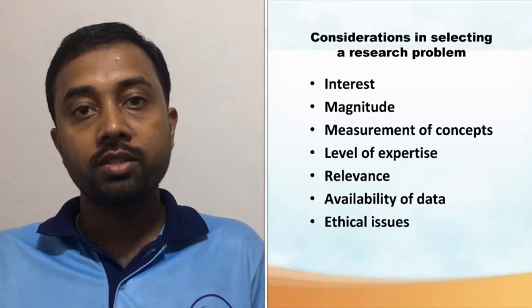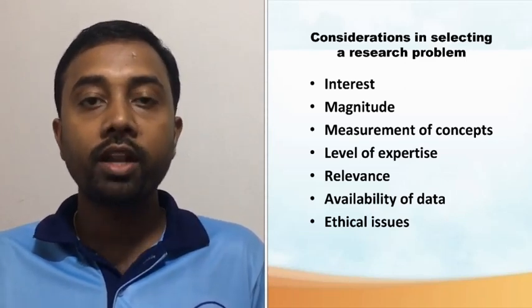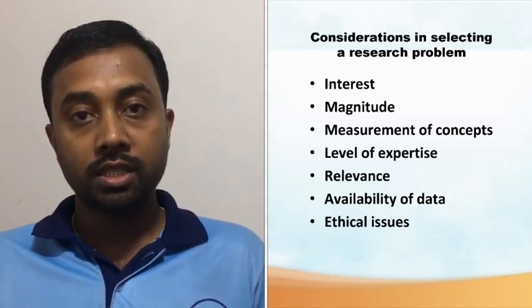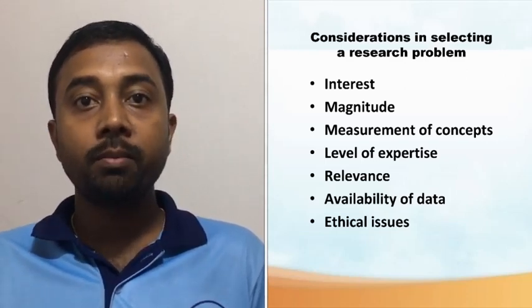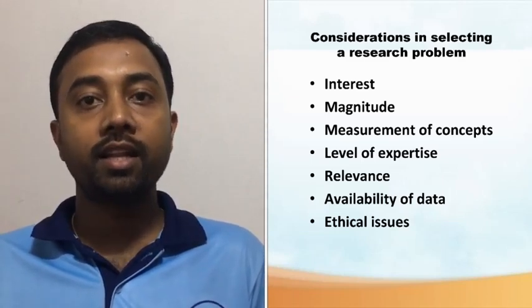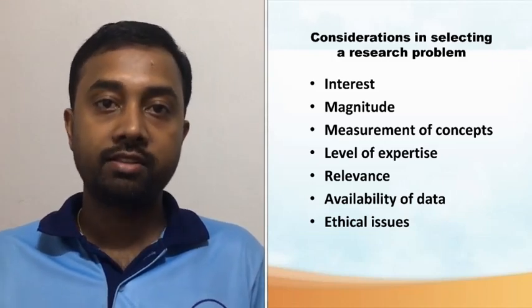The first one is the interest of the researcher. The second one is the magnitude of the research. The third one is the measurement of the concept. And the last one is the level of experience he has.